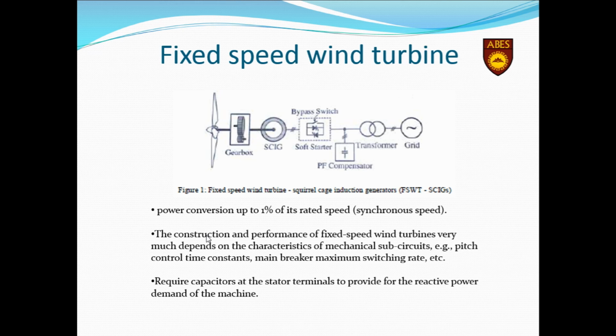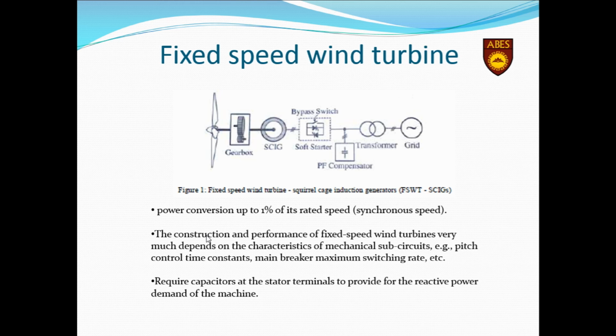The reason is that for the generation of power, the electrical flux needs to be set up in the generator, and that needs reactive power at a low power factor, which needs to be supplied by some source, a battery operated source or a grid operated source. So this was the constraint with the fixed speed wind turbine.